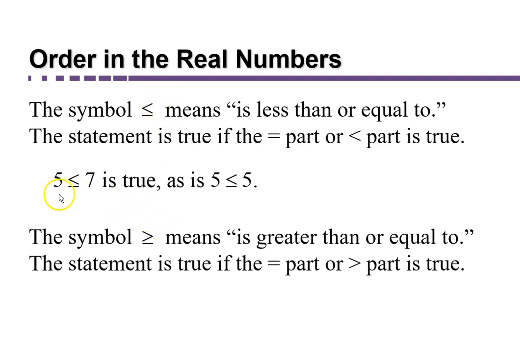So let's look at an example here, but this is background information. 5 is less than or equal to 7. And you might say, well, it doesn't equal 7, but is part of it true? And the answer is yes. So if part of it is true, then it is true.